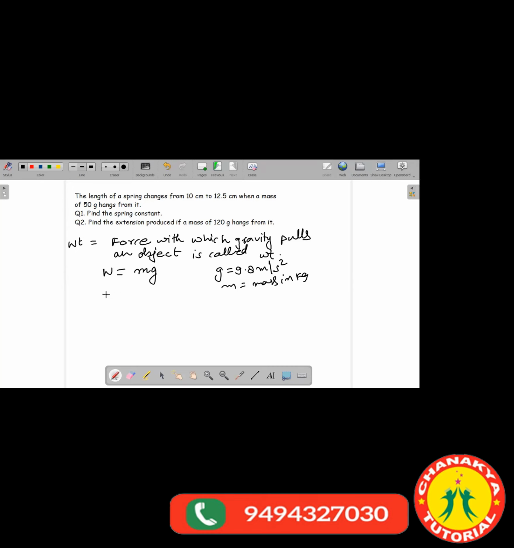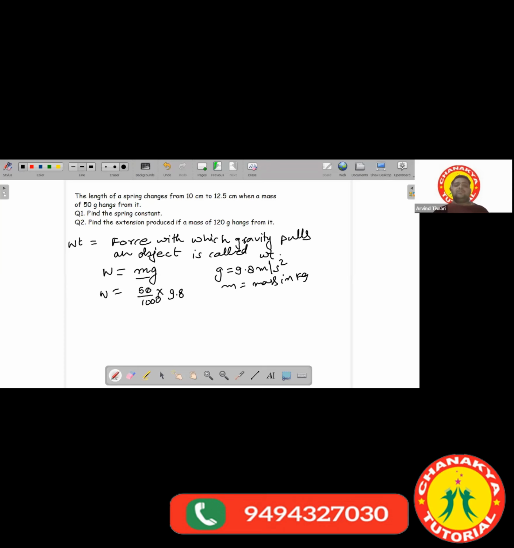First we have to take mass in kilogram. Since mass here is in gram, which is 50 gram, we take it in kilogram: 50 divided by 1000. And multiply by g, which is 9.8.